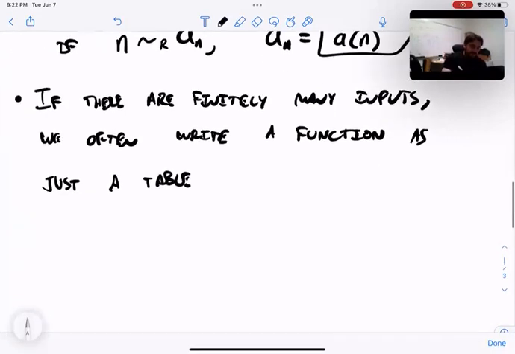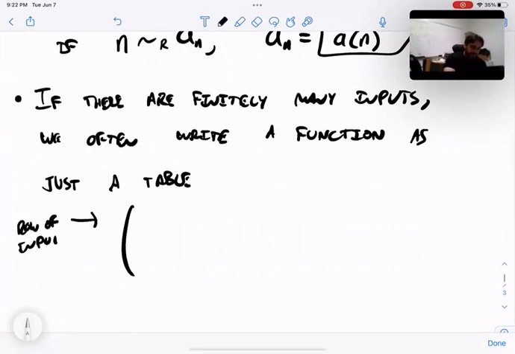That table just has a row of inputs on the top, and then the corresponding outputs on the bottom.